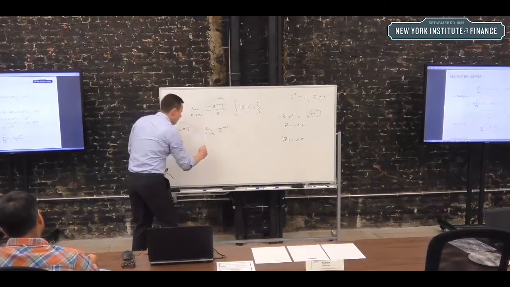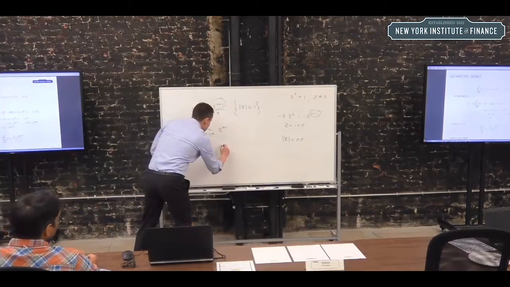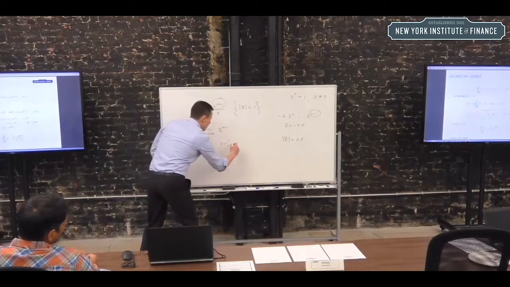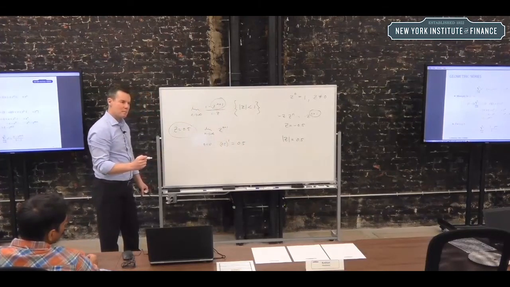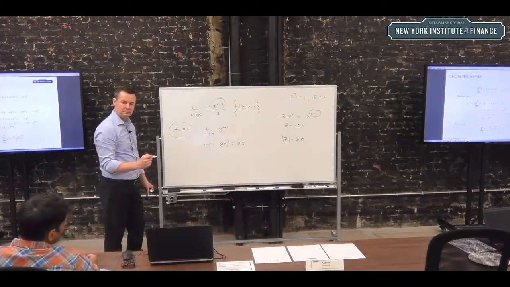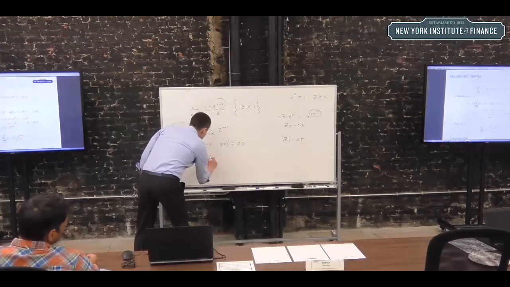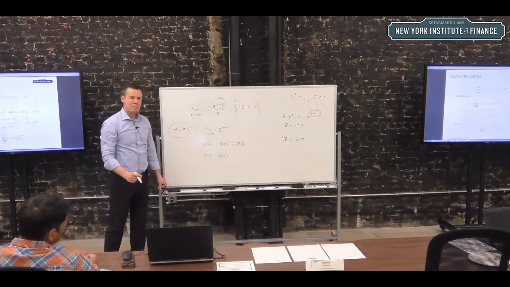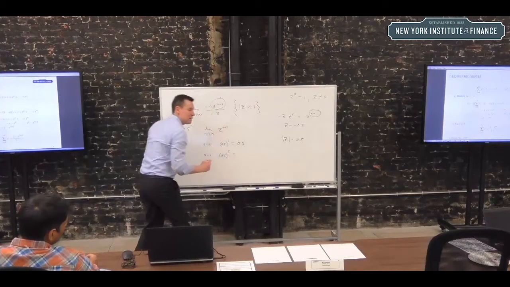So take 0.5. If you set n equal to 0, then you've got 0.5 to the power 1. That equals 0.5. Okay? If you set n equal to 1, then you've got 0.5 to the power, can anyone tell me? 2. What's that equal to?